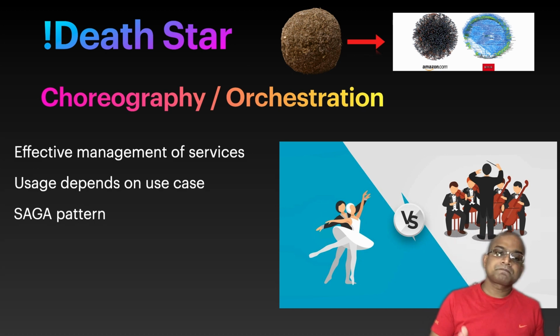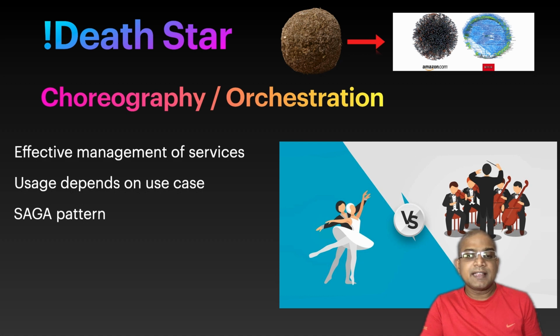If you know what you are trying to do between your microservices or between your domains, and if you can catch all the exceptions or execution branches with all the fail scenarios, then you can use choreography.